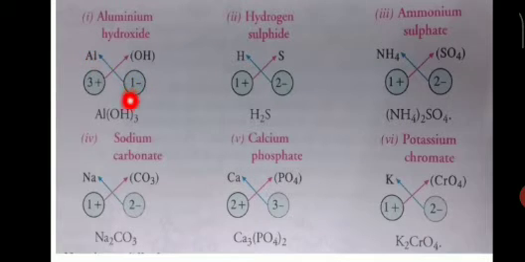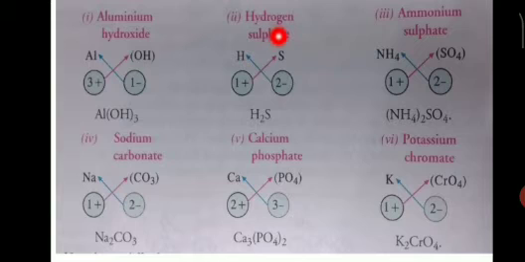While crossing over, aluminium gets the valency of 1, and hydroxide gets the valency of aluminium. So Al, bracket, outside the bracket 3. So aluminium hydroxide is Al(OH)3.